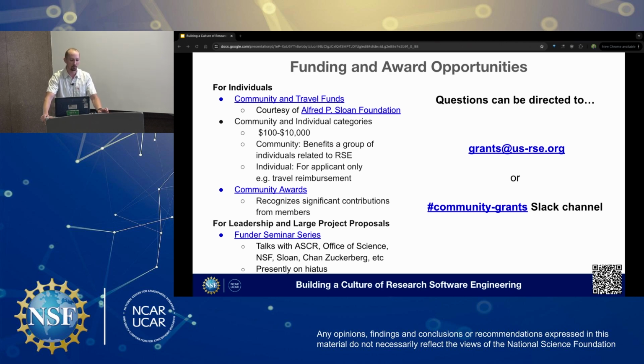There's also, say, if you want to give a presentation about RSEs or some sort of engagement that relates to research software engineering, but you might primarily just need support for the individual, say a travel reimbursement to a workshop or conference. Those are opportunities that you can apply for to receive funding.